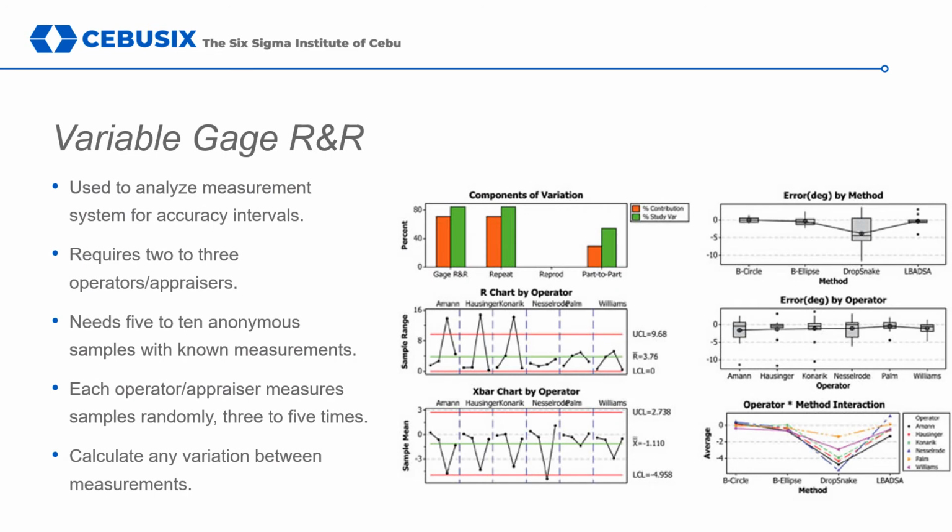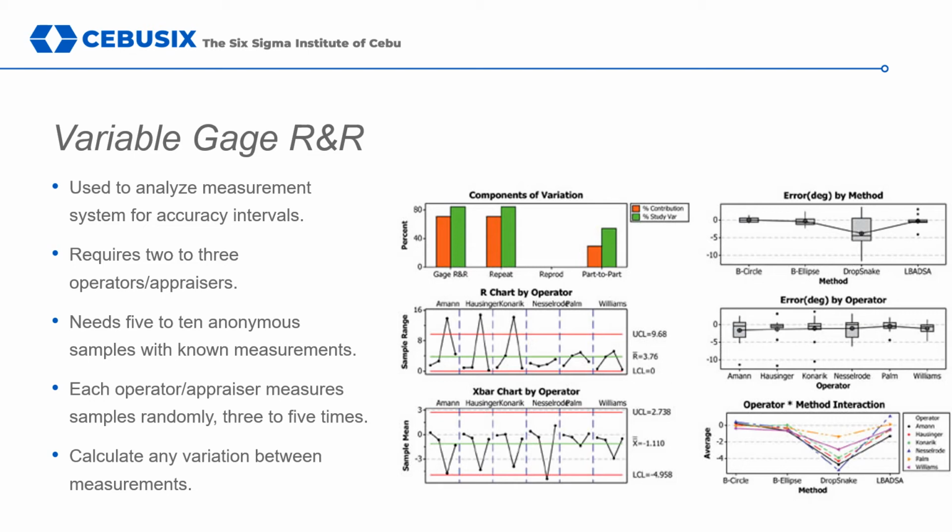Not all data is attribute data, which is why teams can also perform variable gauge R&R tests. While the raw data from a variable gauge R&R test can provide a Six Sigma team with a picture of whether a measurement system is obviously failing or not, statistical analysis is usually required to make a true determination about the performance of a measurement system.